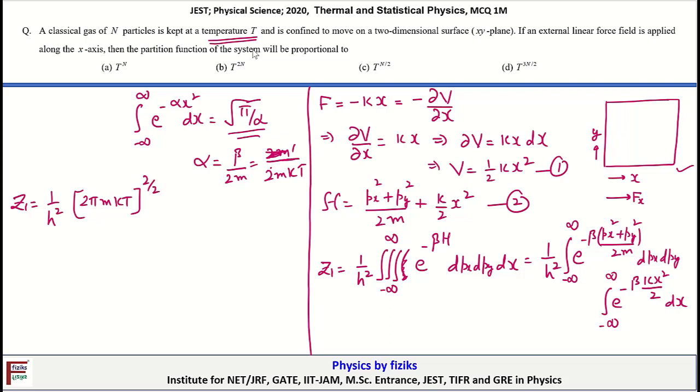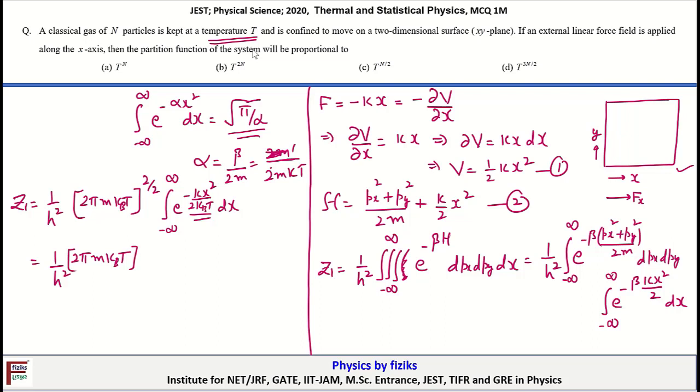And then the other integral, minus infinity to infinity exponential minus kx square upon 2 kB T dx. Again we apply the same result, under root pi by alpha. So this is equal to 1 upon h square, 2 pi m kB T. This kB is the Boltzmann constant, please remember it.